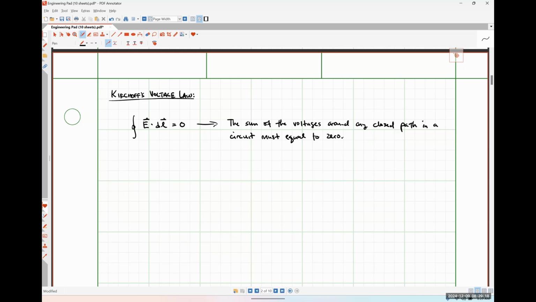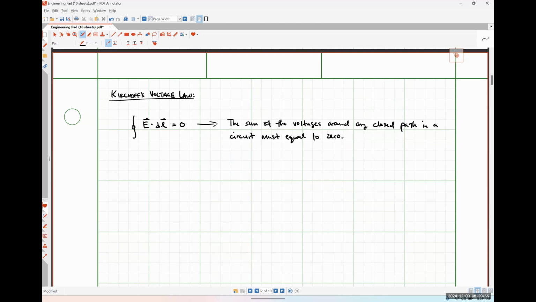So let's talk about why this is. So voltage, we learned on Friday's class meeting, is the amount of work required to move charge from one point in a circuit to another point. So anytime that we see a voltage, work is being done. So we have a transfer of energy, okay? So what Kirchhoff's voltage law tells us is that the total amount of energy transferred moving charge around has to be equal to 0.